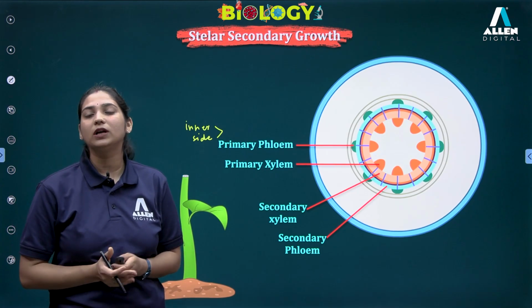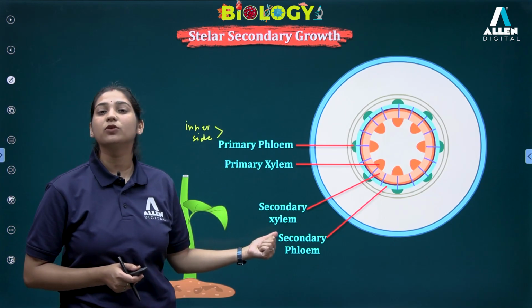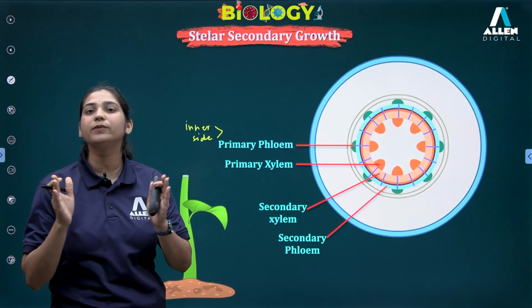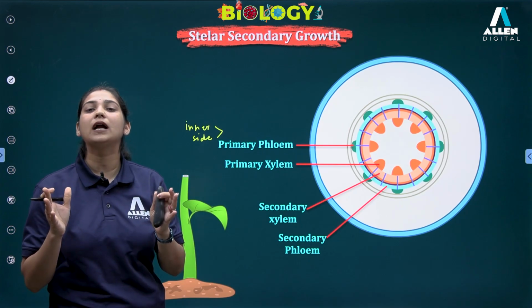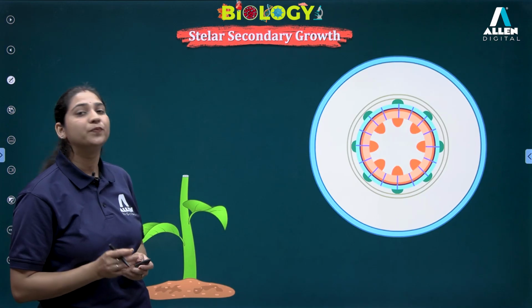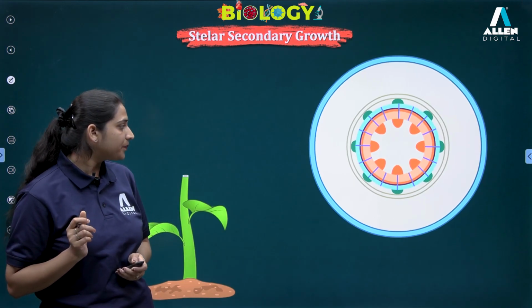So now we can think of a situation that due to formation of these vascular tissues, the girth of the plant will definitely increase. The diameter of the plant will definitely increase in this case.